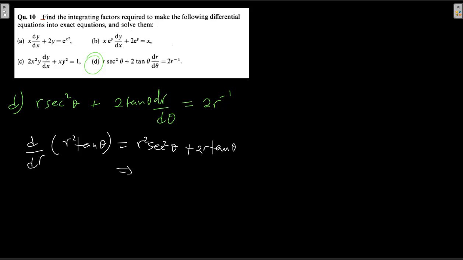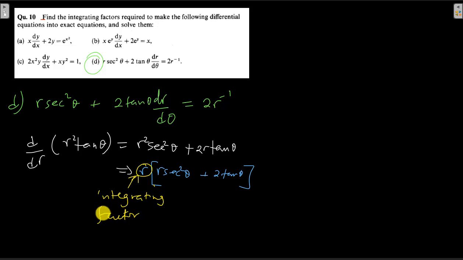Yeah, I think this is good, because if we factorize out r, then we'll have r sec squared theta plus 2 tan theta. Yes, we have it. So this r is our integrating factor. Okay, this was a little bit easier to find, although it looked complex.